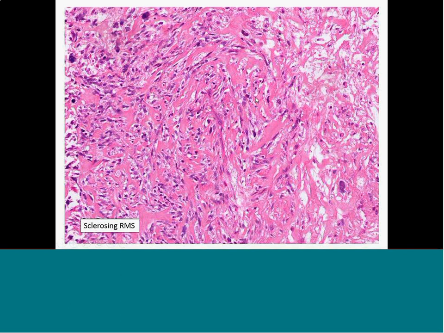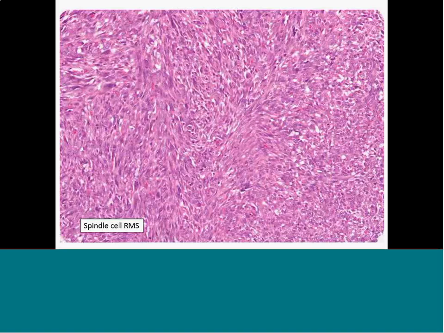The other 20% tends to have more embryonal-like morphology. And if you see predominantly this sclerosing pattern, it does give you good reason to put it into the sclerosing category of rhabdomyosarcoma.